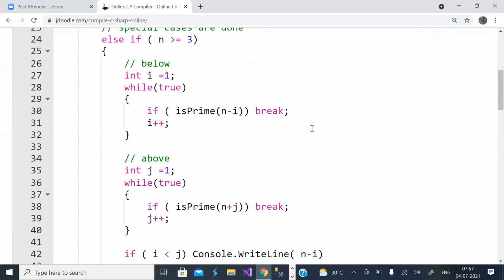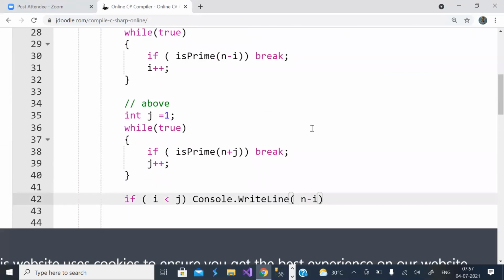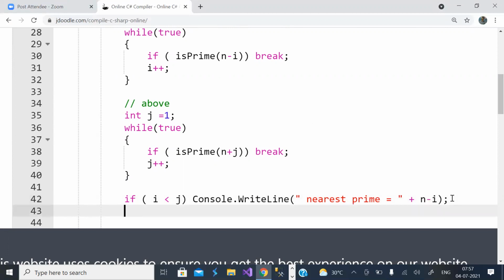Okay. Here, nearest prime is n minus i, right?